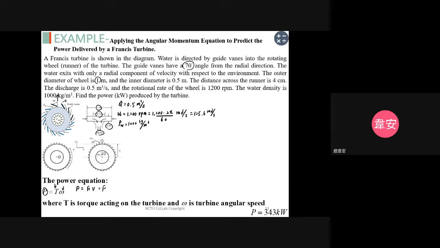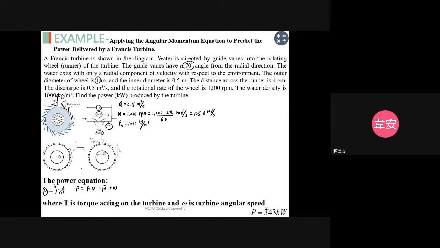This is rotational motion, so the velocity can be replaced by r omega, and r multiplied by the force is equal to the moment, and this is the omega in here. So that's why we can multiply the moment by the omega to compute the power.